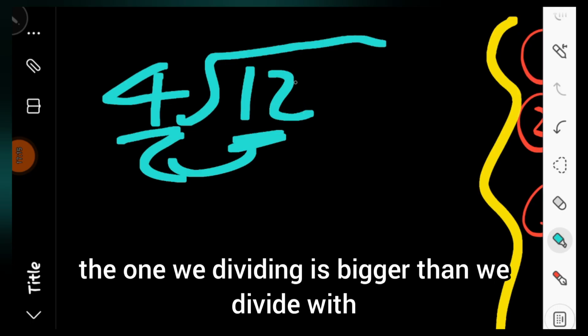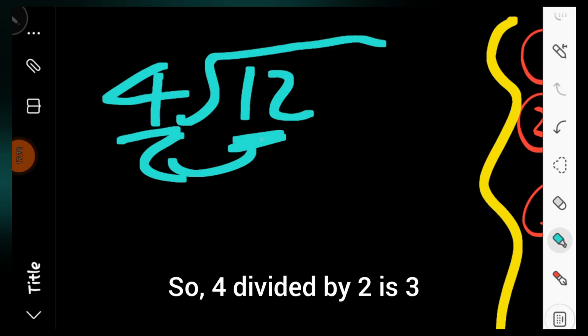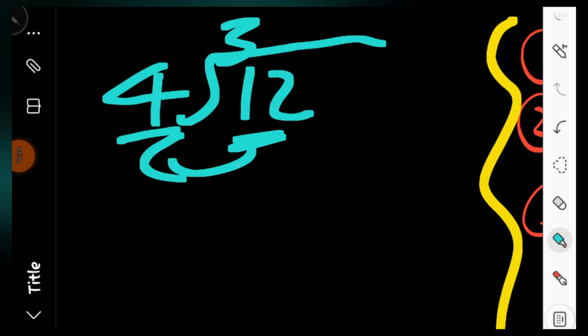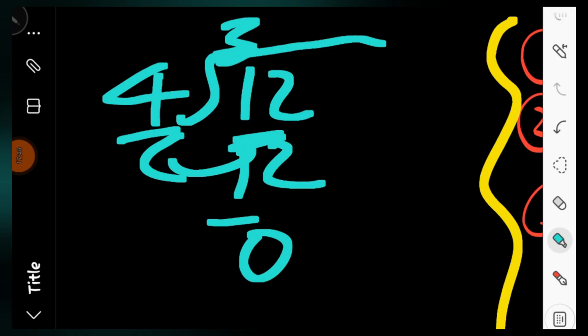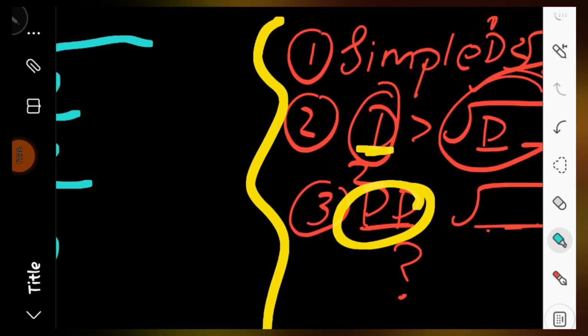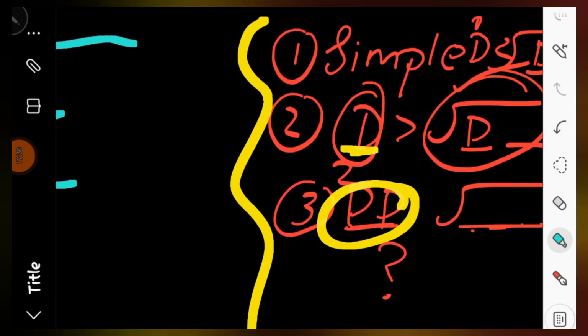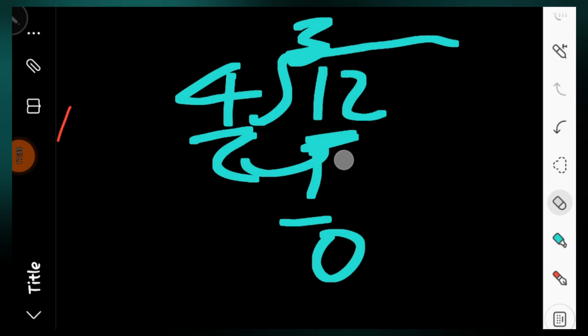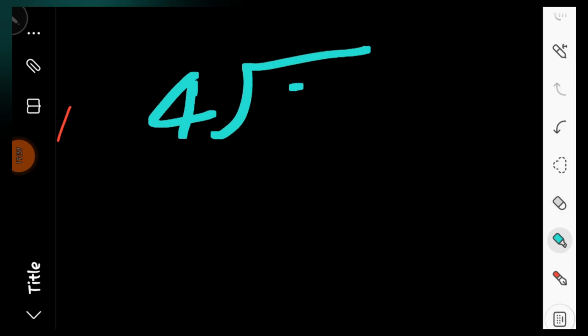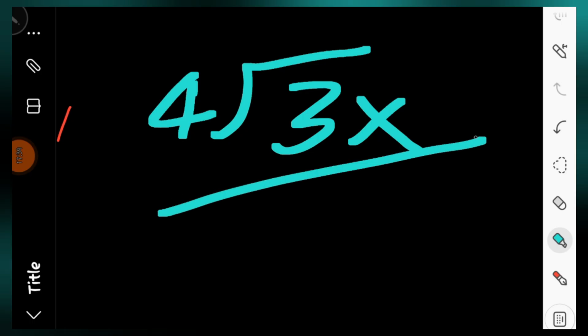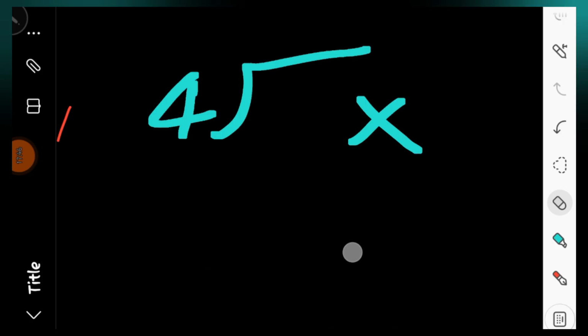So the answer is 3. Very simple. The other one is where the number we divide is smaller than the one we divide with. For example, 3 divided by 4. It's impossible by hand. Yes, the answer can come in decimal, but we need a calculator. It cannot really be done by a human or me.